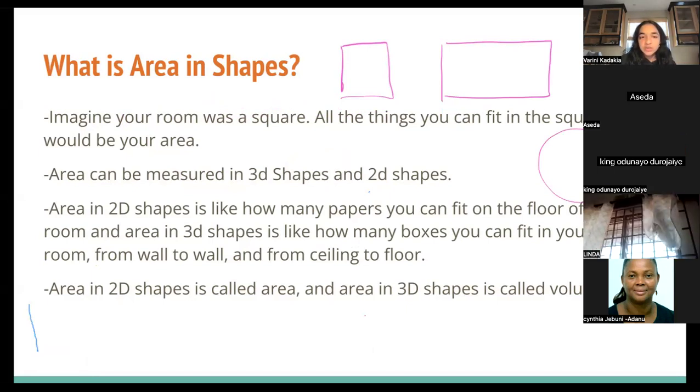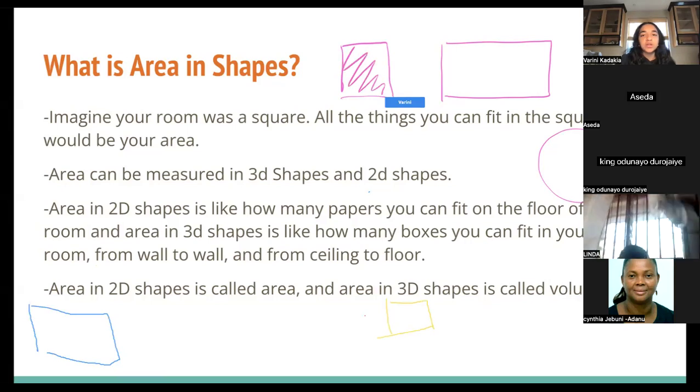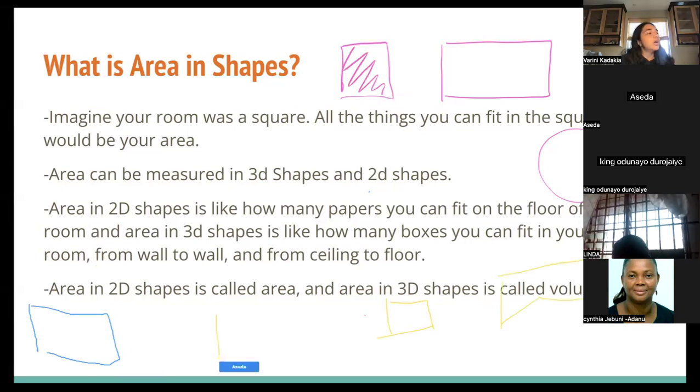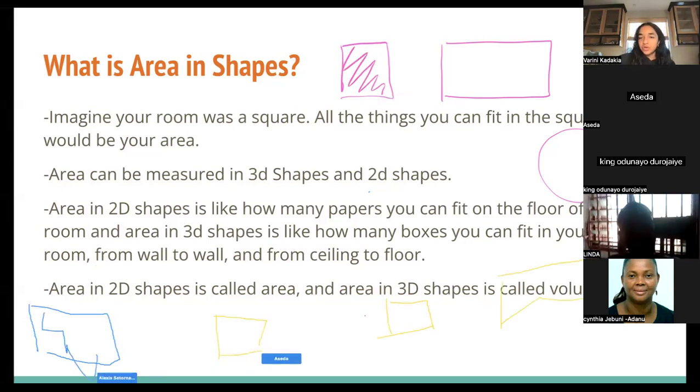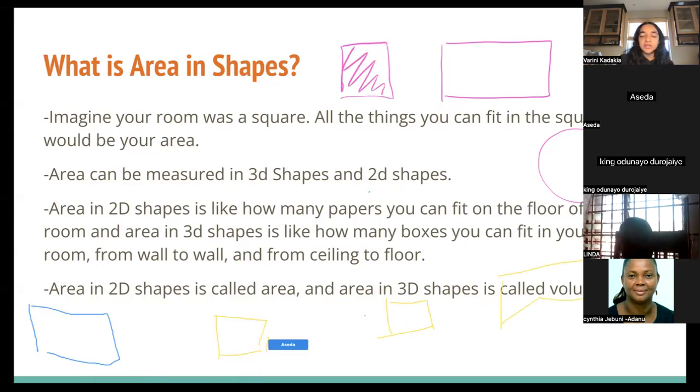Basically what we're gonna do is try and find how much space these shapes take up. That's what area is. It's how much space your room takes up if you were to find the area of it. So that's what we'll go over.